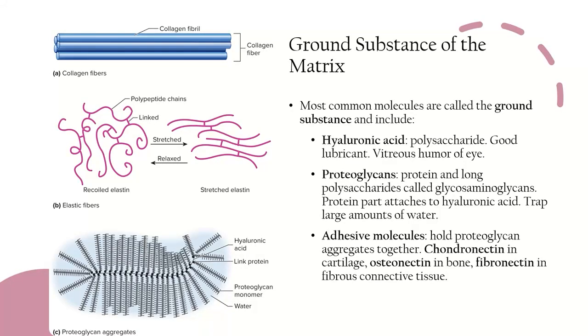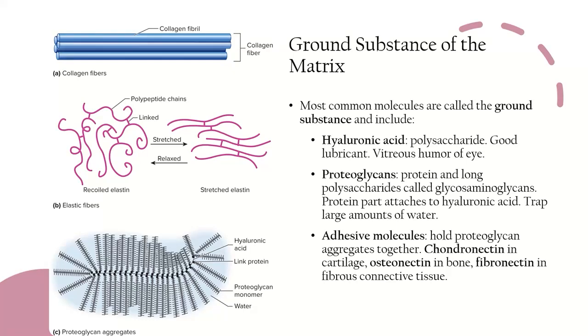There are proteoglycans, which are proteins attached to long polysaccharides, and those saccharides are called glycosaminoglycans. How many glycans can we get in a sentence? These really are an example, like proteins attached to a part of hyaluronic acid. The purpose of this is to trap large amounts of water for cushioning.